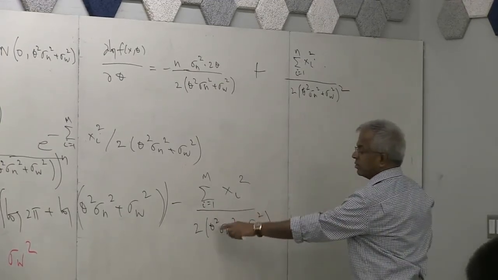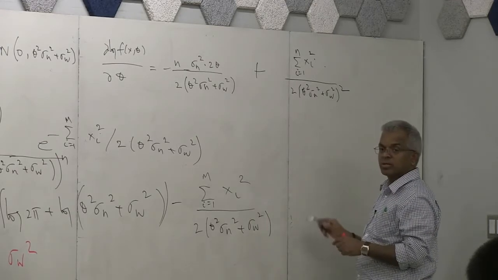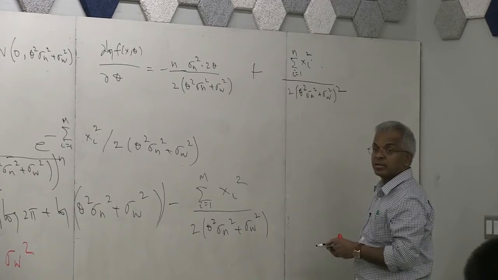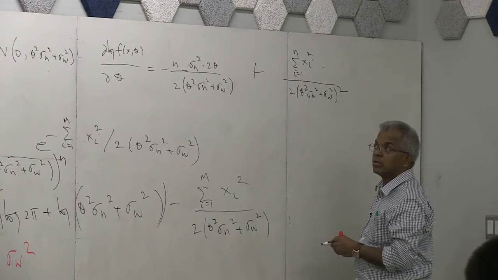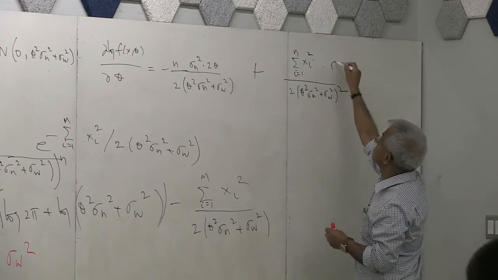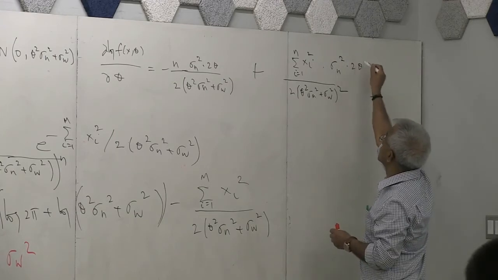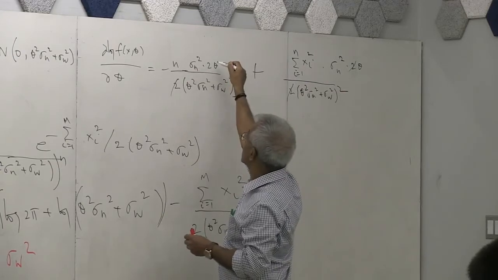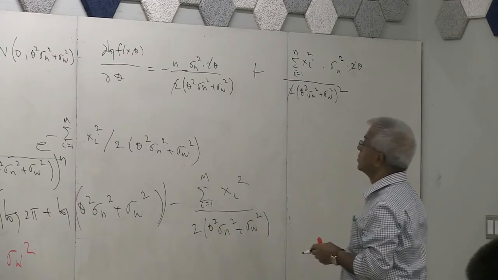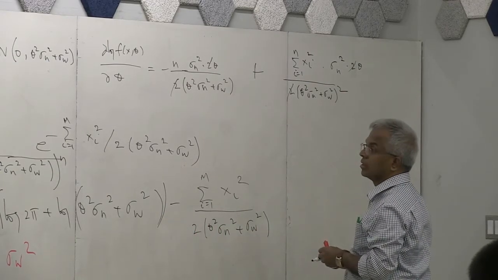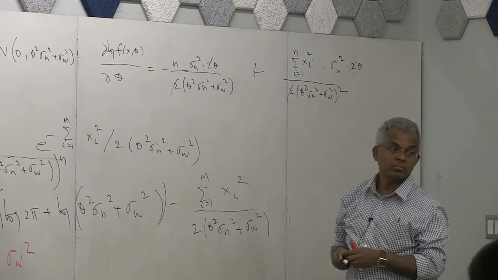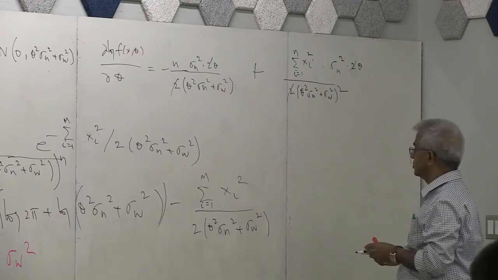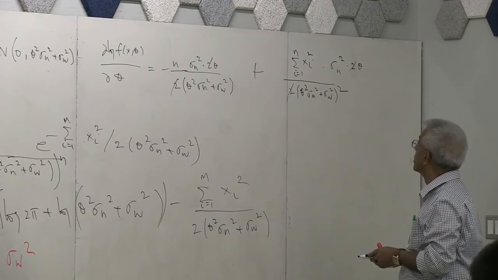Multiplied by the derivative of 1 over something, which is minus 1 over squared. Then I have to take the derivative of this with respect to theta: 2 sigma n squared theta, right? What did you say? Why 4 theta?